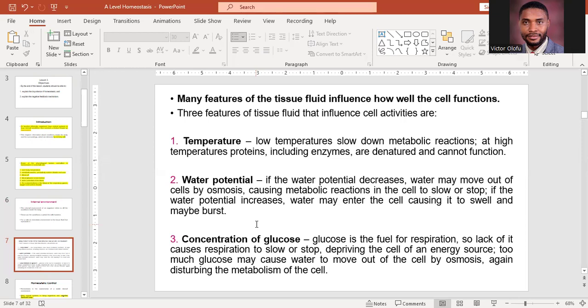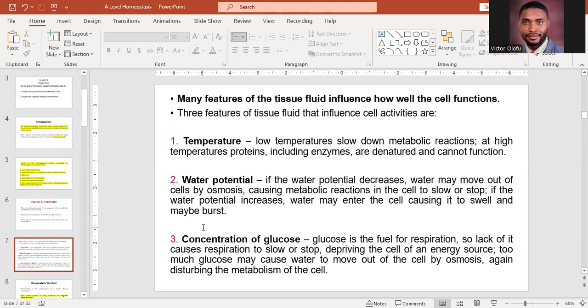The concentration of glucose. Concentration of glucose is important because glucose is the respiratory substrate. What I mean by respiratory substrate is a substance that is broken down, and when it is degraded, it produces energy in the cell. Now, lack of glucose in the tissue fluid will therefore mean that respiration will slow down, and it's going to affect the production of energy in the cell.